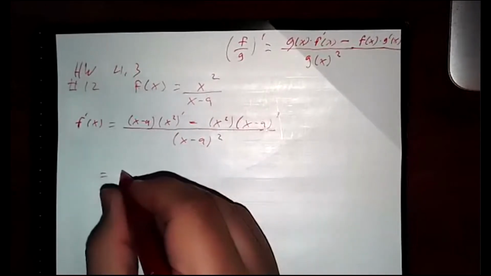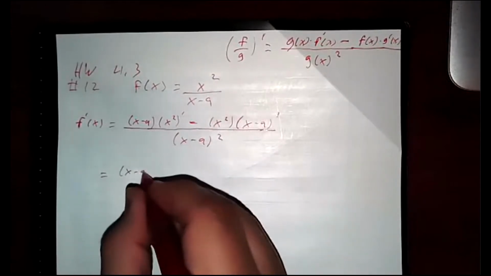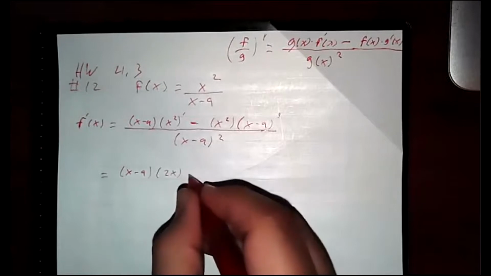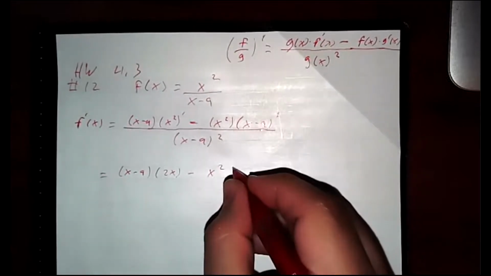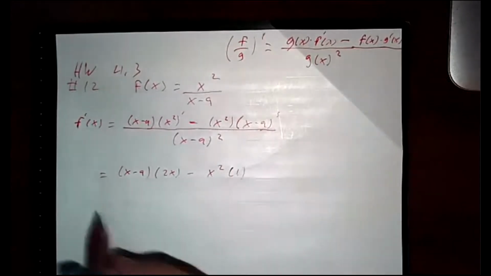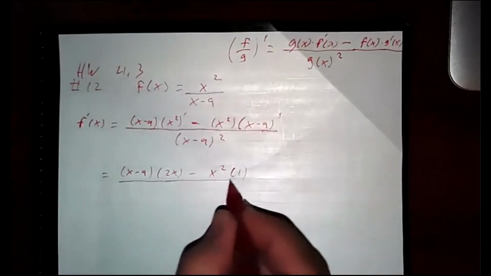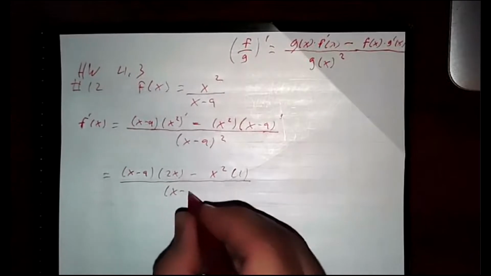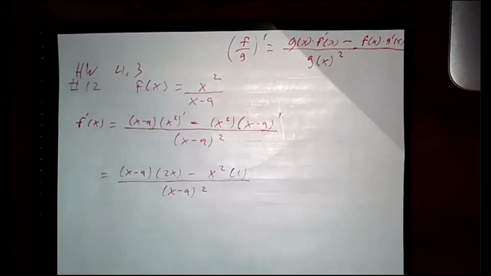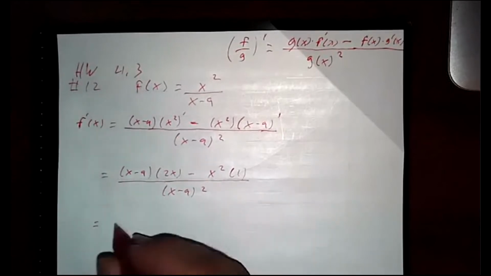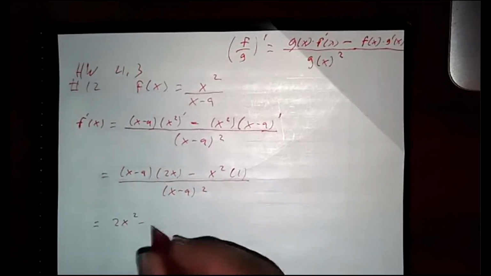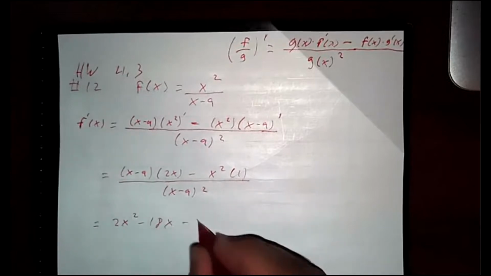Okay, so that would be x minus 9 times 2x minus x squared times 1, right? For this garbage out, it's going to be 2x squared minus 18x minus x squared.